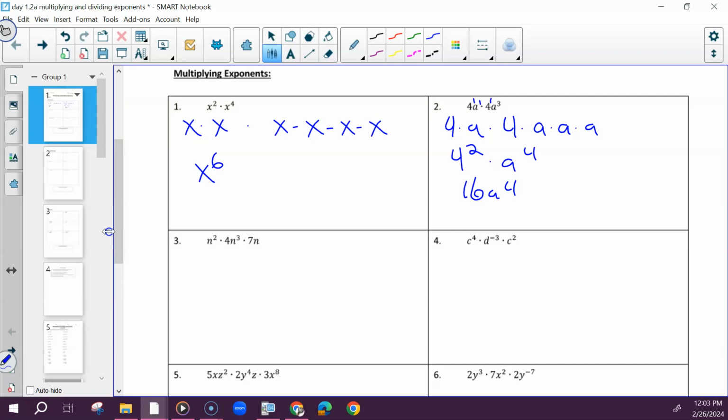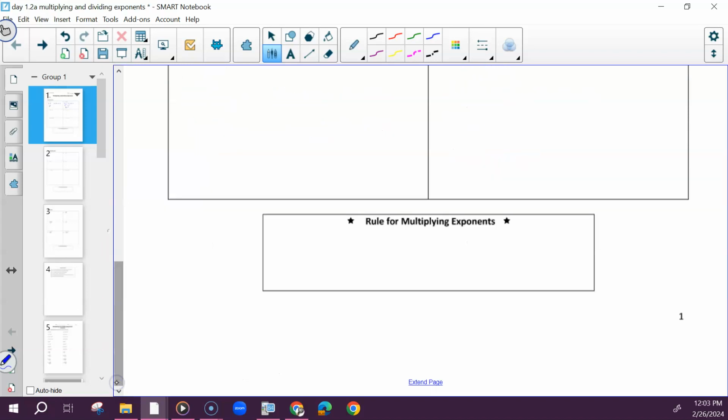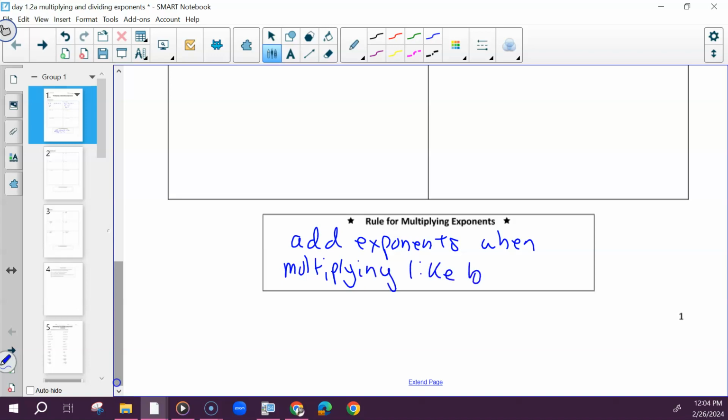So the rule for multiplying exponents is that you always add. So add exponents when multiplying like bases, like bases being the same number.